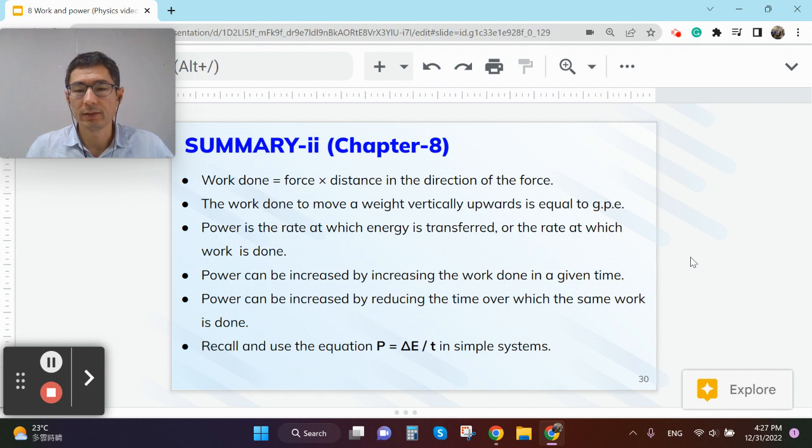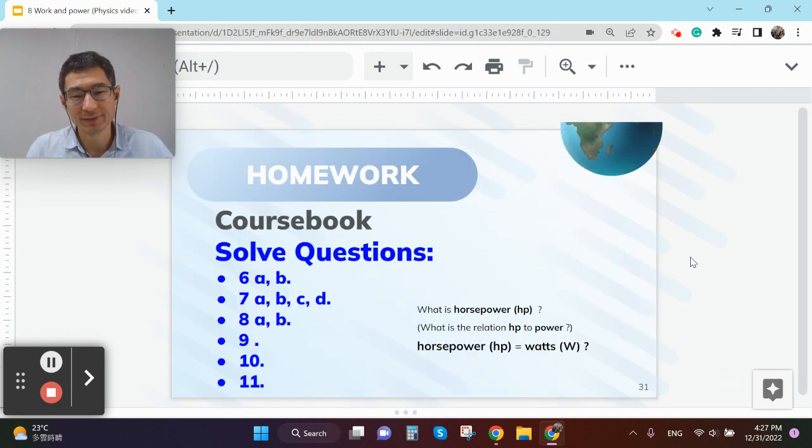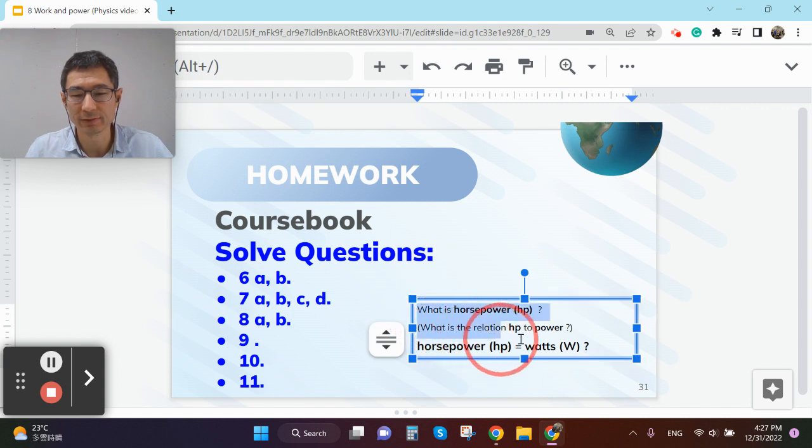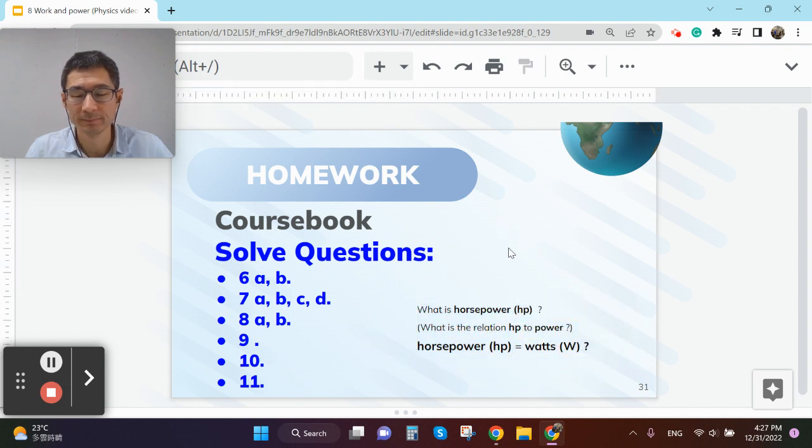Well, this is the homework. Please do it. It will be good for you if you have time. And please think about it: what's horsepower? What's the relation to power? When they talk about cars, they talk about horsepower.